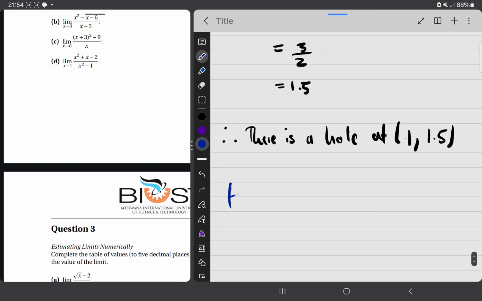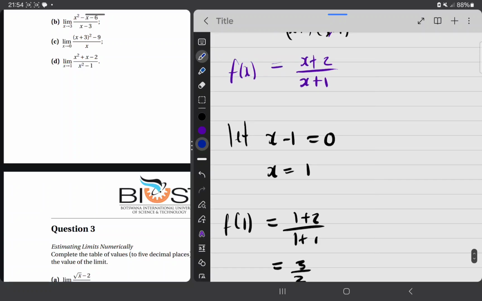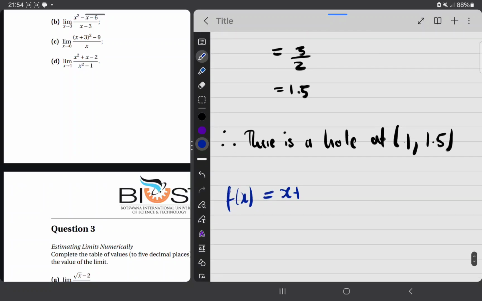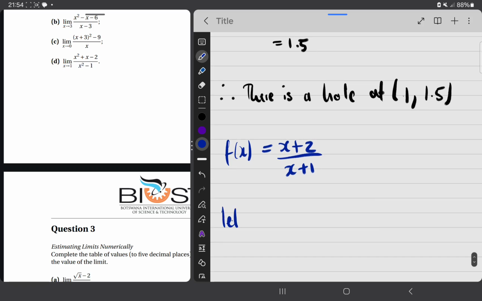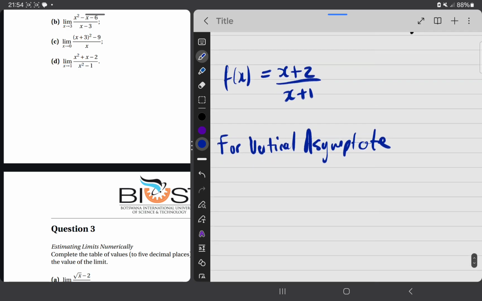Let's finish it. We still have f of x equal to x plus 2 over x plus 1. Now for the vertical asymptote, after cancelling, we remain with this.